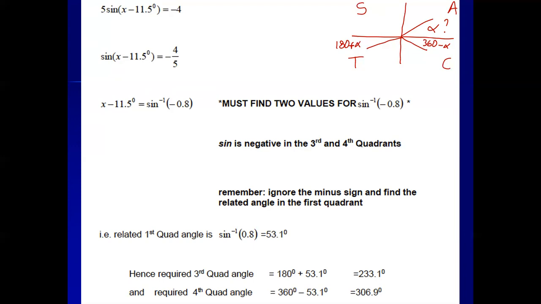Now that I've got 53.1, I know that my answer is 180 plus 53.1 and 360 take away 53.1. These are my two answers. But these 233 and 306 are for this, remember, x minus 11.5. So now how do I find x?